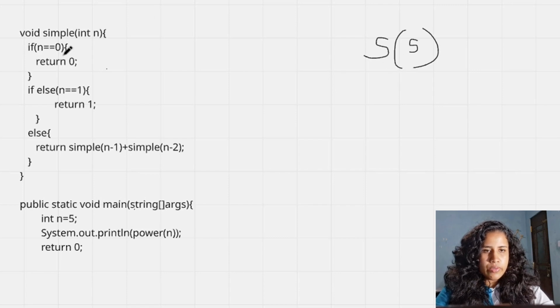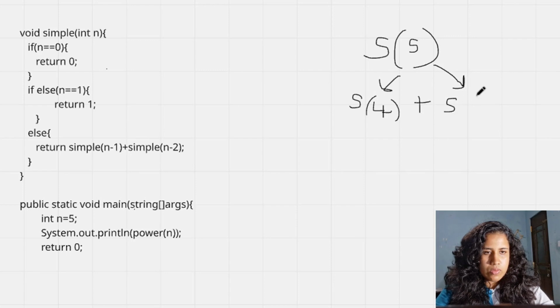So if we execute S4, 4 minus 1 is 3 plus S2 here.